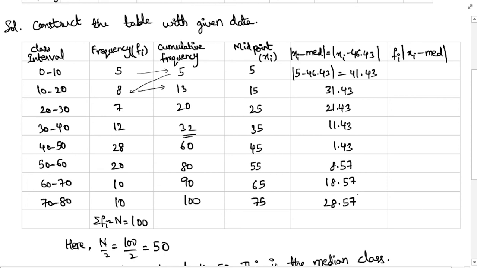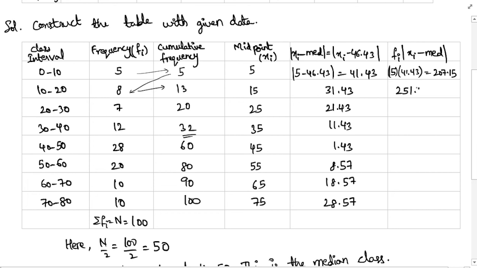Now we will calculate fi into the modulus of xi minus median. What is fi here? 5. 5 into, what is xi minus median? We got 41.43. So that will be equal to 207.15. Similarly, please calculate for the other numbers.